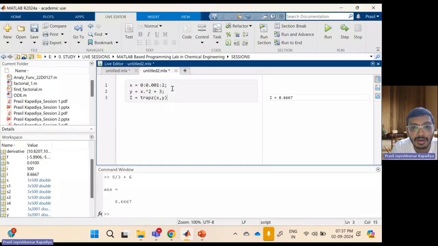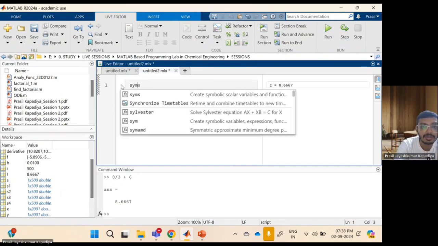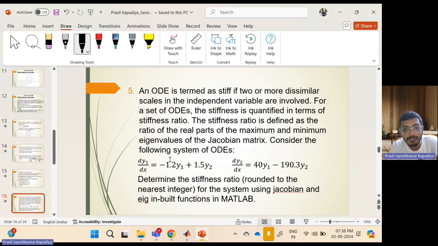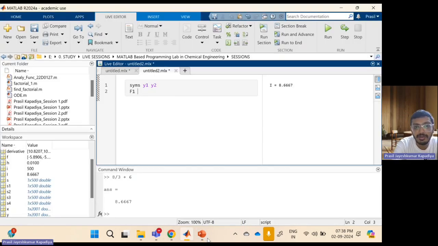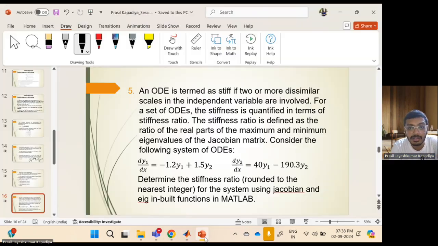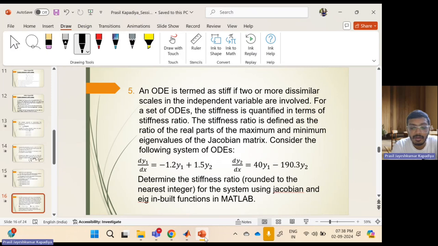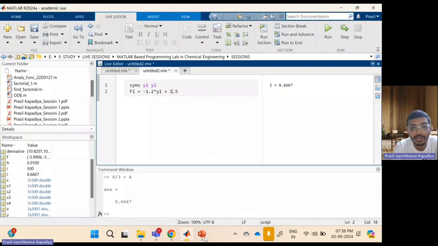So this is symbolic. We will use the symbolic tool. So I will use syms y1 y2. We have two variables, y1 and y2. Correct? So my first equation f1 is equal to minus 1.2 into y1 plus 1.5 into y2.